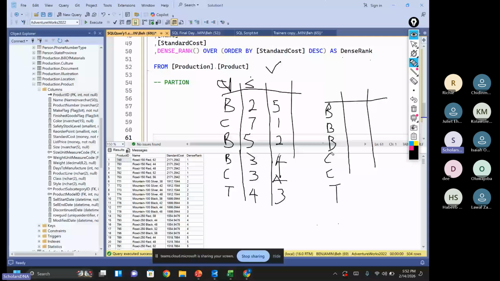This one that is 5 will be here, this will be 3, this will be 2, based on their speed. So this is speed, and this is the vehicle.